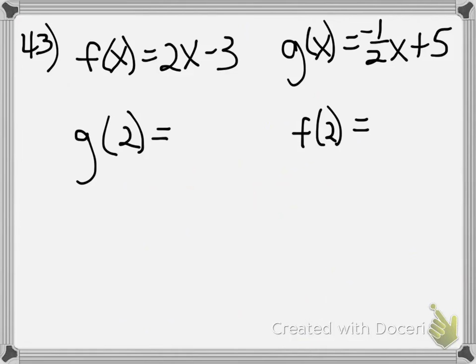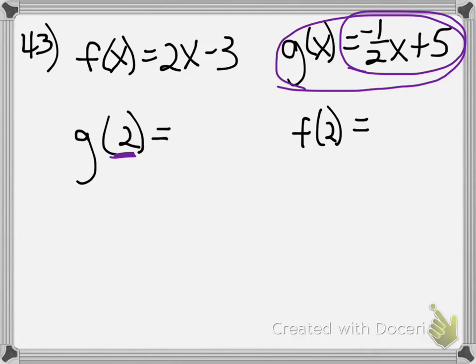Alright, number 43, we have f of x and we have g of x. And we're going to find g of 2 and f of 2. And this is actually really simple. Here's my g of x equation. When you see g of 2, that means plug in 2. So instead of having negative 1/2 times x, I'm going to have negative 1/2 times 2 plus 5, because I'm plugging in 2.